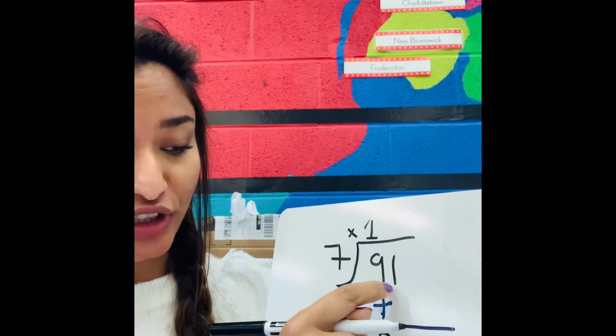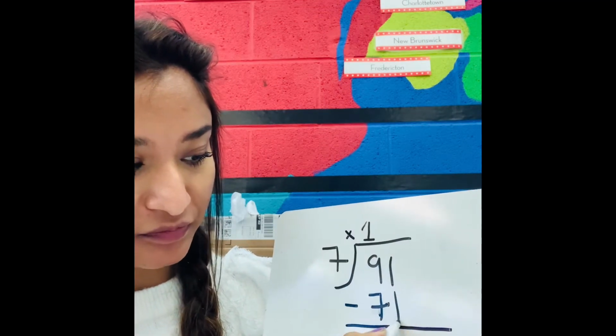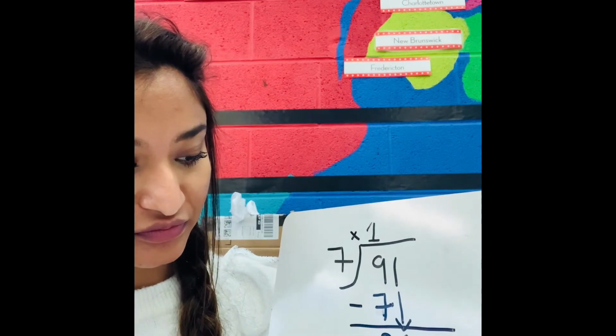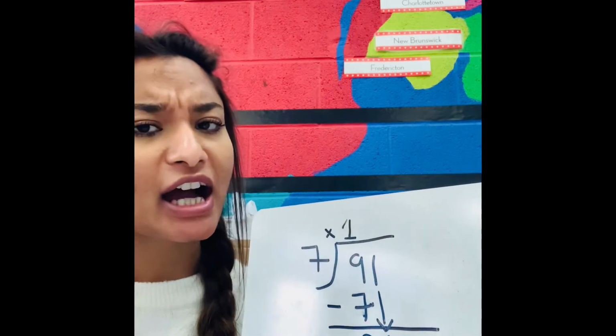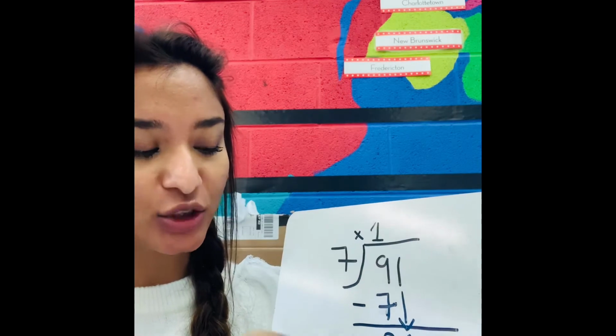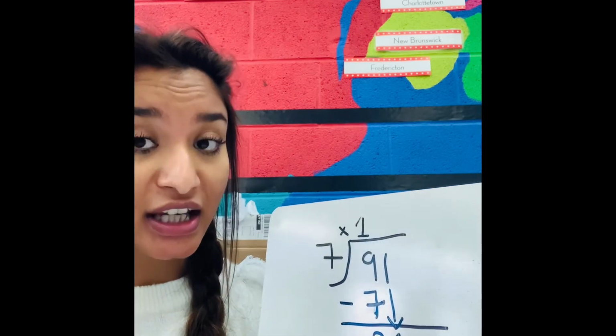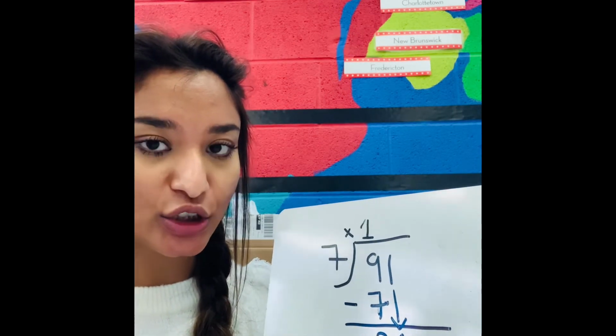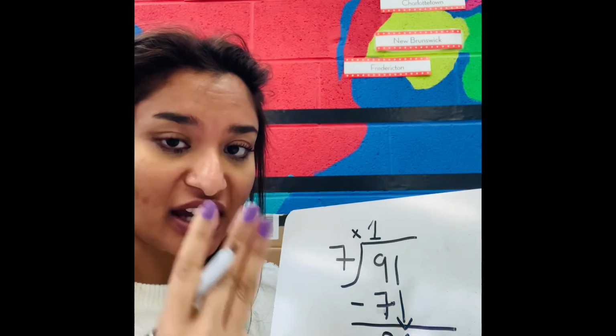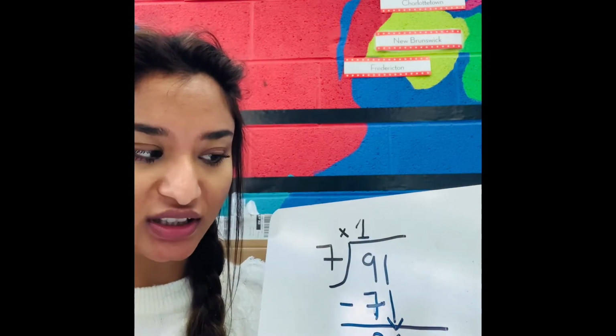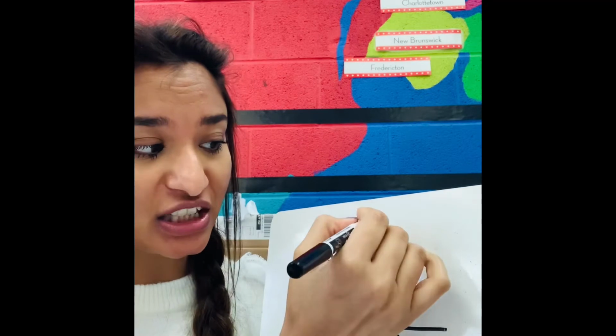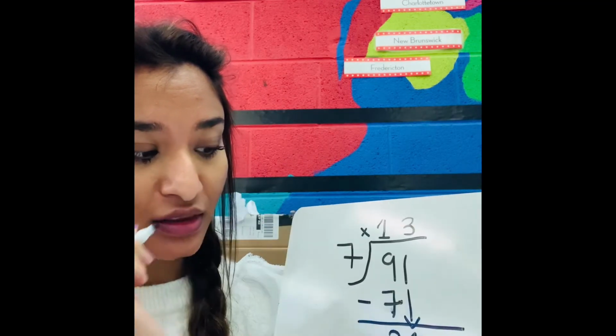Now I need to bring this 1 down. 21. How many 7s would make 21? If you know your 7 times table, you would know that we need 3 7s to make 21, because 7 times 3 gives me 21.